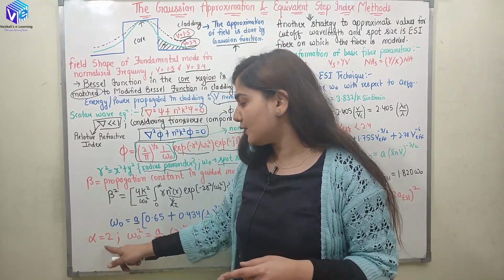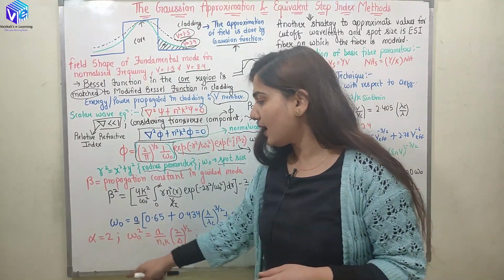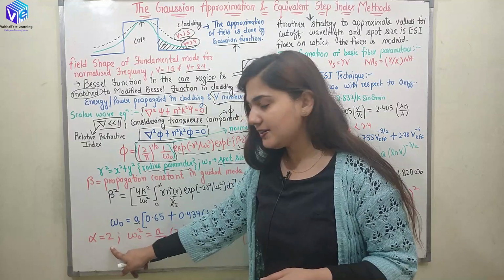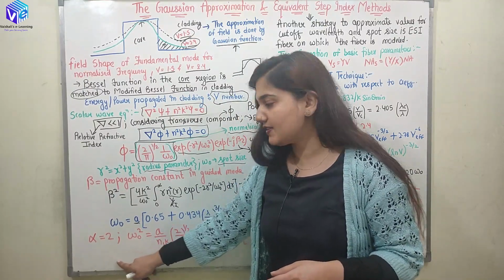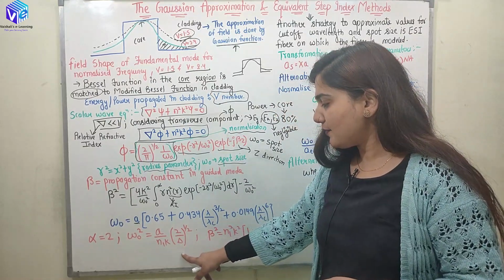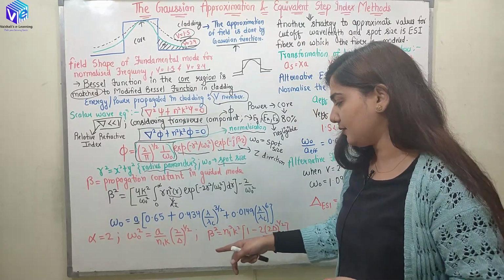So in the graded index fiber also we are using alpha is equal to 2. The profile parameter would be equal to 2, and I have found out the omega naught square for the graded index fiber with alpha equal to 2. Now omega naught square would be given as a upon n1 k, 2 upon delta, to the power 1 upon 2. Delta is the relative refractive index.